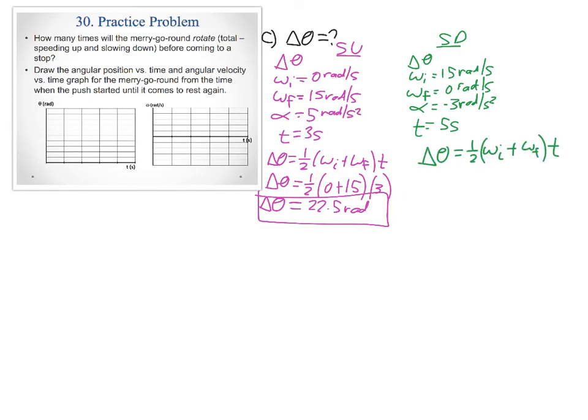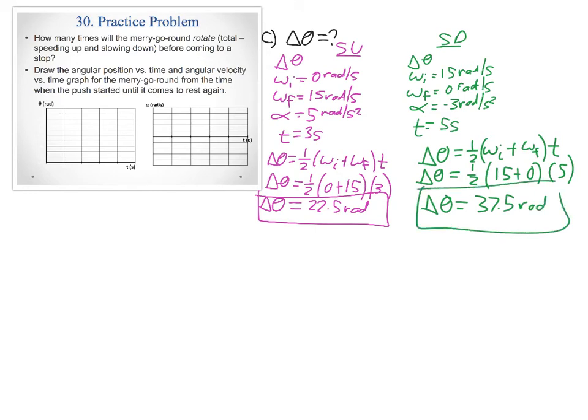I can now do the same thing for the slowing down portion. For that, it's going to be 15 plus 0 times 5 seconds. And so I get that while slowing down, my angular displacement is 37.5 radians. I now can combine those two to get my total angular displacement, which ends up being 60 radians, except we want how many times it rotates.